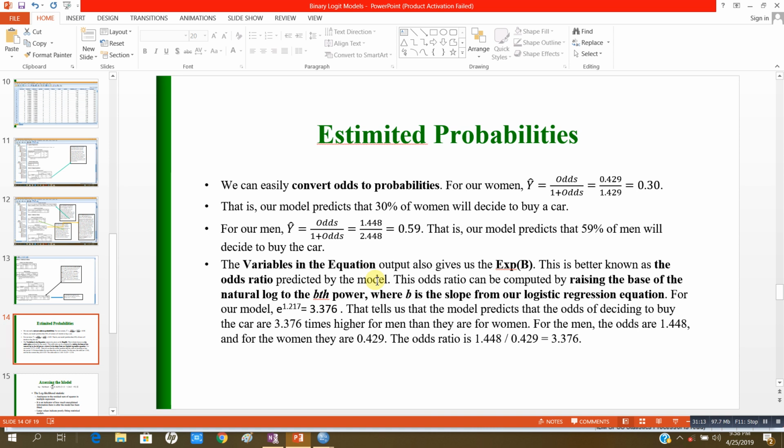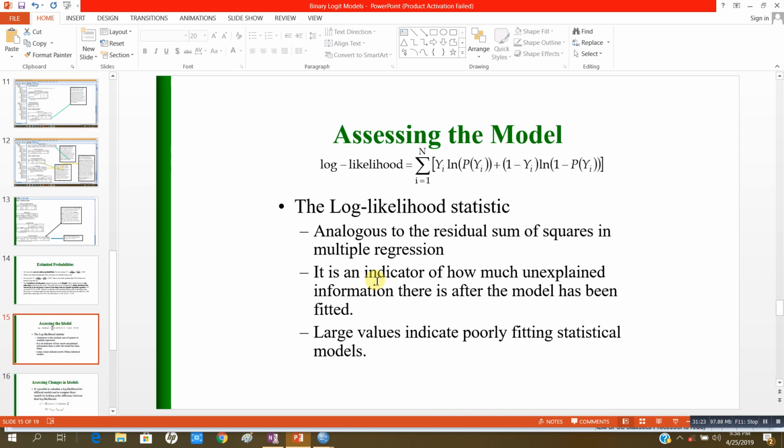Now, in order to assess these models, the binary logistic model's output gives us a number of statistics, and one of them is the log likelihood statistic. The log likelihood statistic is similar to the residual sum of squares in multiple regression. In OLS regression we use the residual sum of squares, but here we use the log likelihood statistic, which is an indicator of how much unexplained information there is after the model has been fitted.